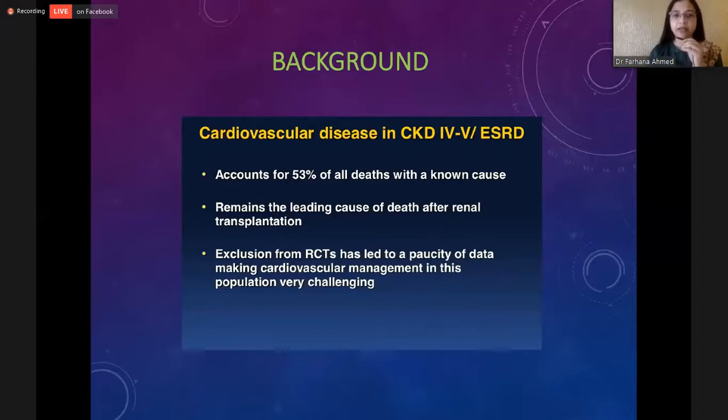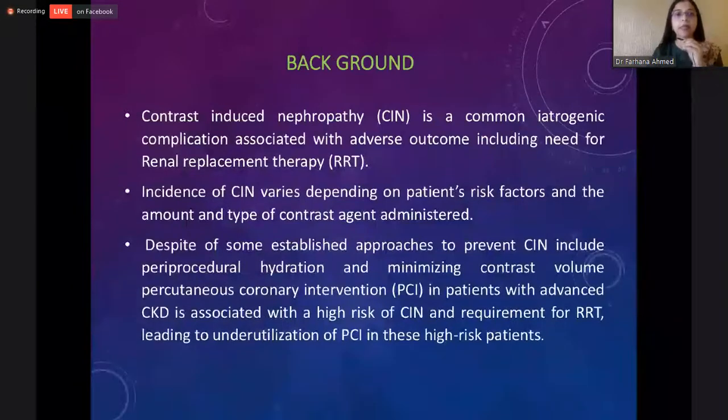Cardiovascular diseases account for 53% of all deaths of CKD patients and remain the leading cause of death after renal transplantation. Unfortunately, cardiovascular management in this group of patients is always very challenging and under-addressed. Coronary angioplasty in this group is always underappreciated due to serious complications like contrast-induced nephropathy.